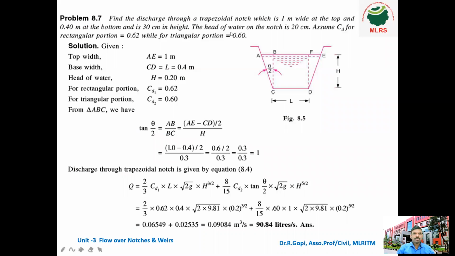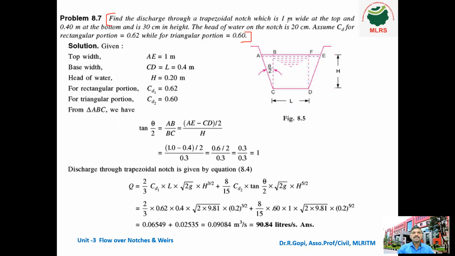So let us see a problem on the trapezoidal notch. I'll read the question, please follow. Find the discharge through a trapezoidal notch which is 1 meter wide at the top and 0.4 meter wide at the bottom and is 30 centimeter in height.